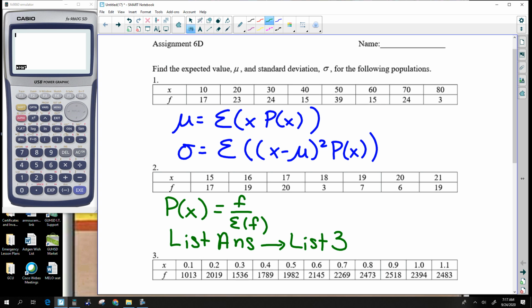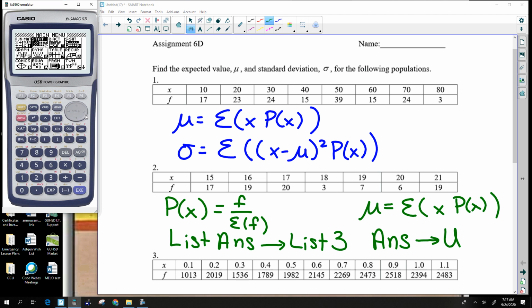So you do the sum of x px. This is just going to be a number, so you take that answer and store it as the letter u. Okay, so that's the way that you're going to be doing these problems. All right, so let's go ahead and begin and set up our calculators.